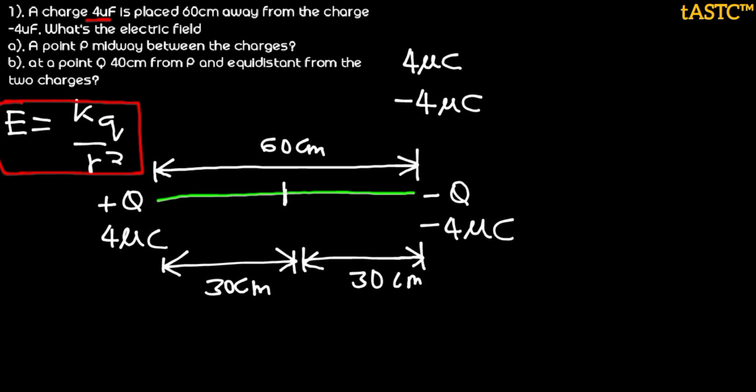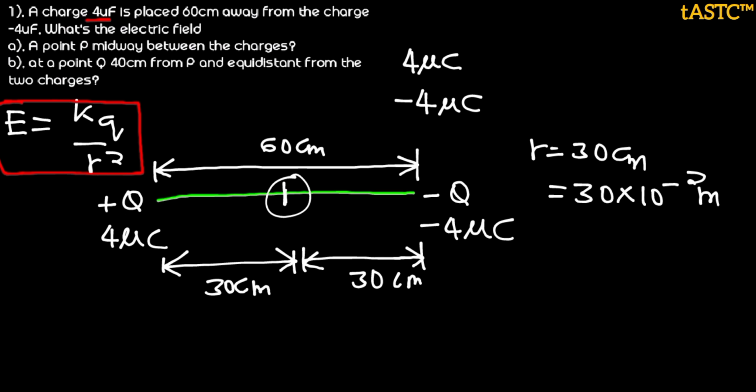Now we're going to have R in this case to be 30 cm. But we know that 30 cm is 30 multiplied by 10 to the power of negative 2 in meters. So in order to find the field at this position, we need to find the field as a result of this, and also the field as a result of this.